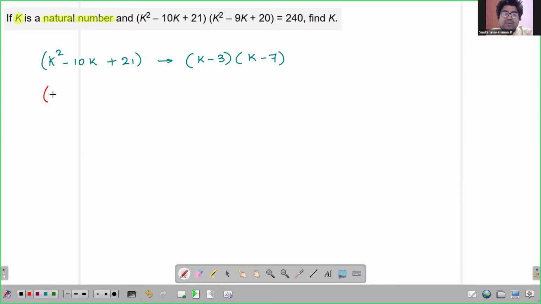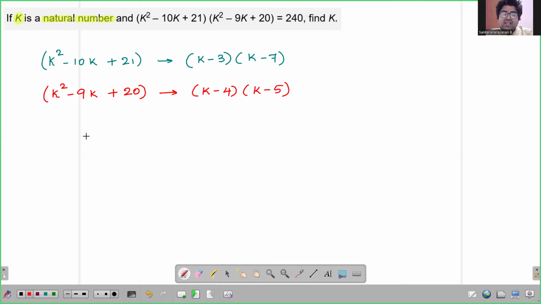Similarly, please focus on k square minus 9k plus 20. You can see that 5 4s are 20, 5 into 4 is 20, and 5 plus 4 is 9. So with similar logic, you can consider k minus 4 into k minus 5. I can say that is nothing but our k square minus 9k plus 20. Okay.